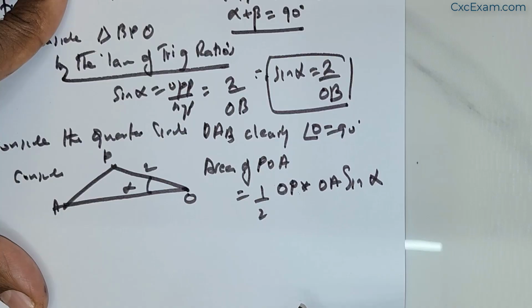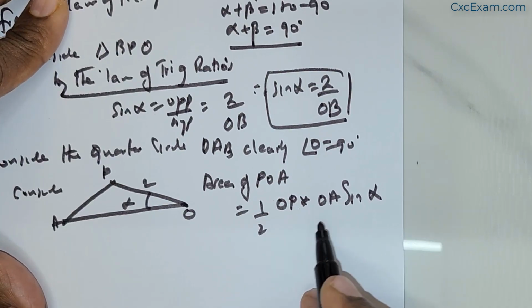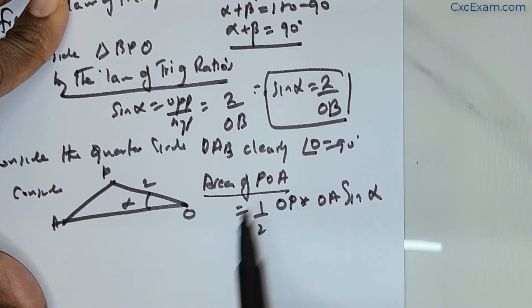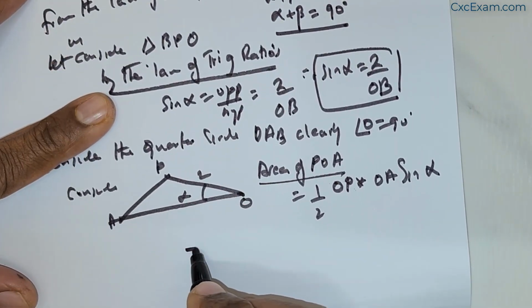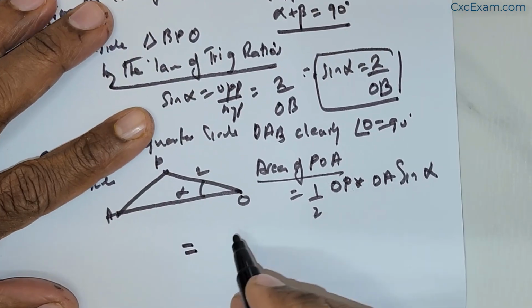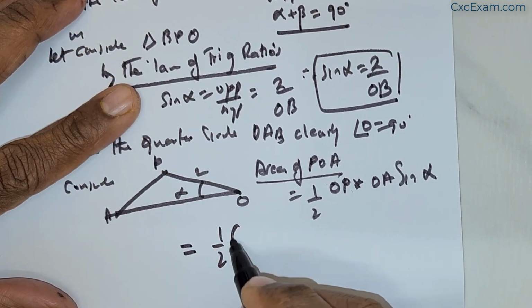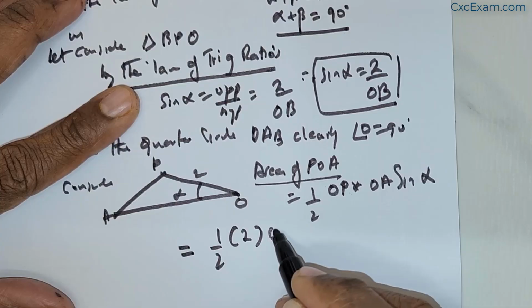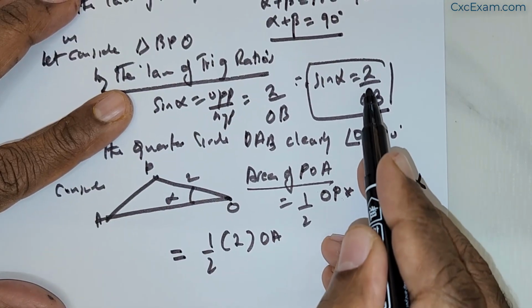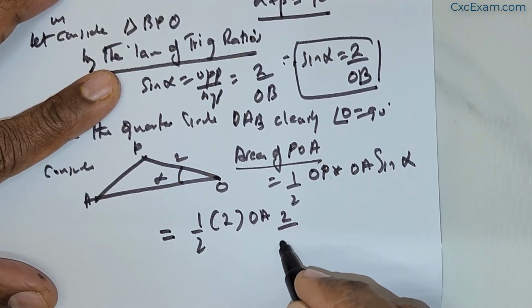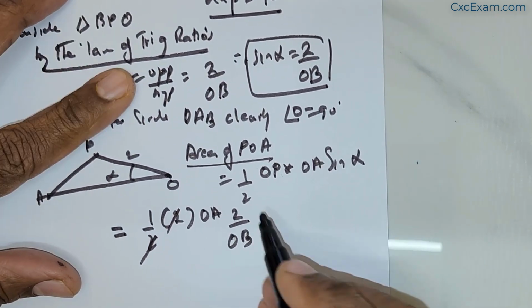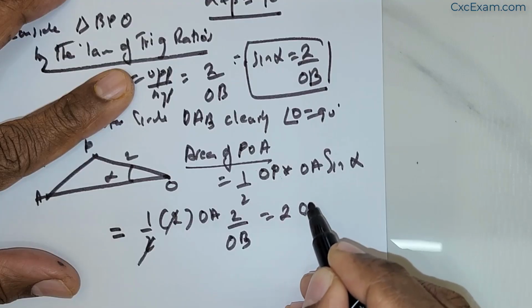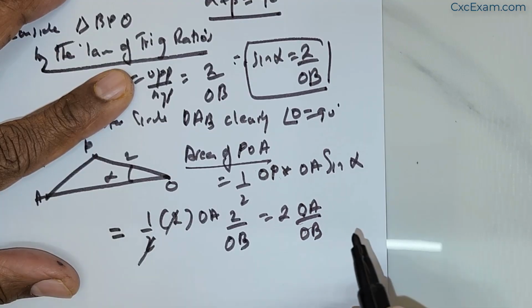We can use the area formula, is it not? Okay, moving on. But OP is given to us. What is OP? OP is 2 units. So 1 over 2 times 2 times OA. What is sine alpha? Sine alpha is 2 over OB. Okay, now we cancel the 2's. This is going to be 2 times OA over OB.